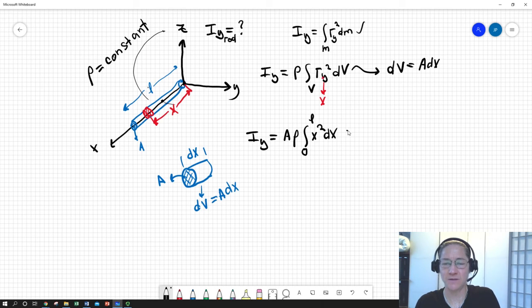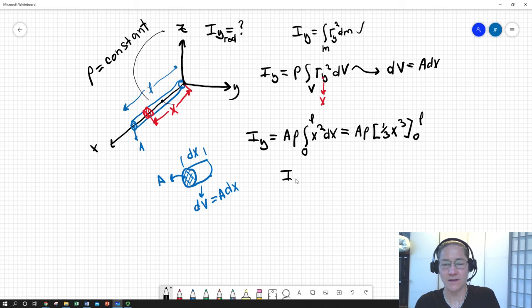So there are my limits of integration. That's going to give me A, the cross-sectional area, times the density times 1/3 x to the third integrated from 0 to L.